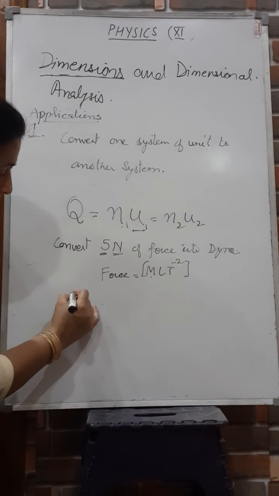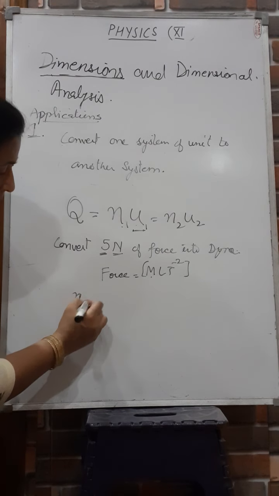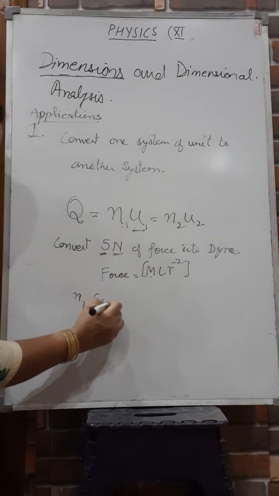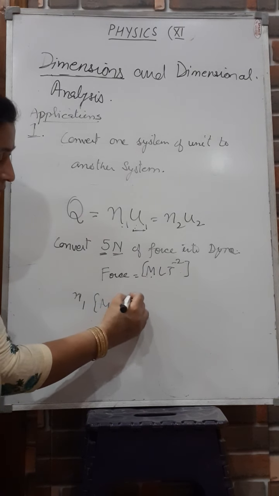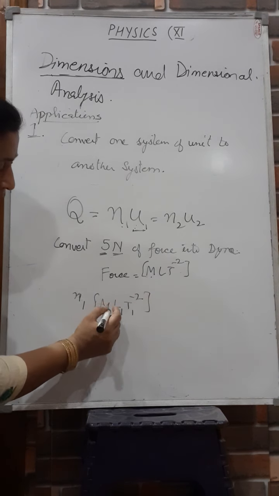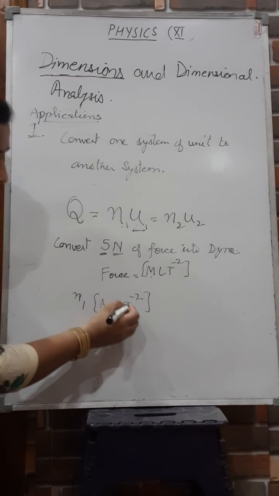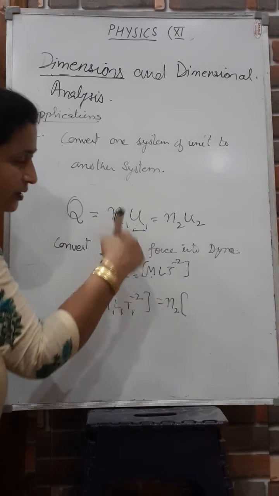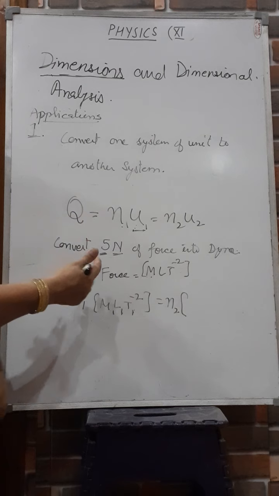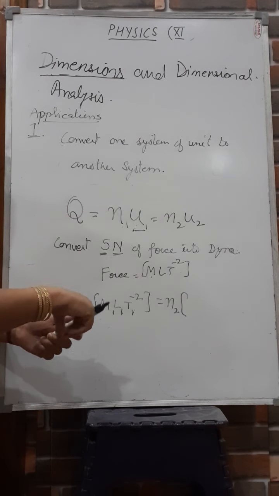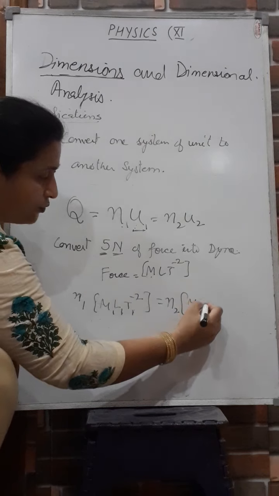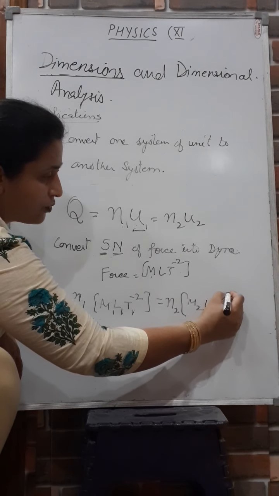So we'll write N1 into, instead of U1, the dimension: M1 L1 T1 raised to power minus 2, where the subscript 1 represents the first system of unit, is equal to N2. Now in the second system of unit, since dyne is also the unit of force, the dimensions will be the same. The only difference is that we will write the subscript 2. So we will write M2 L2 T2 raised to power minus 2.